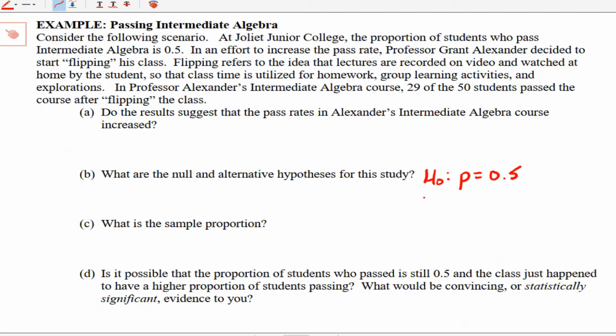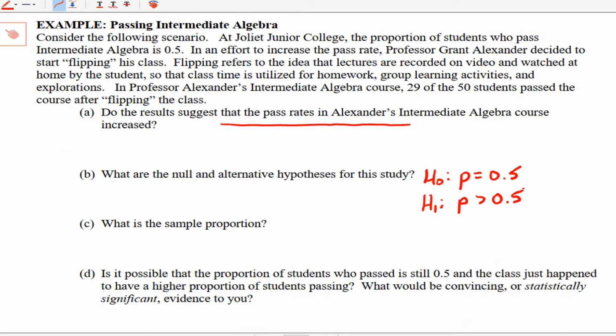And then the alternative hypothesis is what we're trying to gather evidence to show, namely that the pass rates in the flipped model have increased. This would suggest that the proportion of students who pass is actually bigger than 0.5.